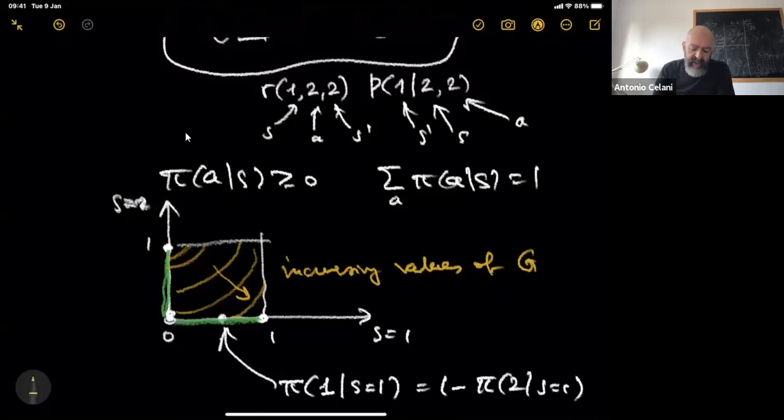So what is this telling you? Since I want to find the optimal policy, that is where the return G is maximal, in this case, if the level lines are made like this, here is the point where my function takes the optimum. It's just like a gentle slope going upwards, and in the corner here, it's maximal.